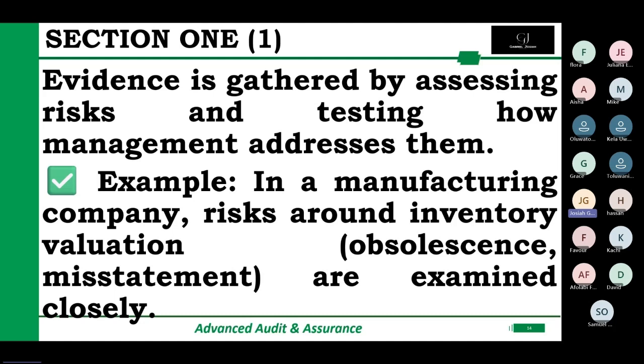For a manufacturing company, the business risk will really deal with inventory because that is the pivotal activity from production to distribution. Everything centers around inventory for a manufacturing company. So when you are doing an audit of a manufacturing company, you need to concentrate highly on the business risks that involve inventory. So take note of that.